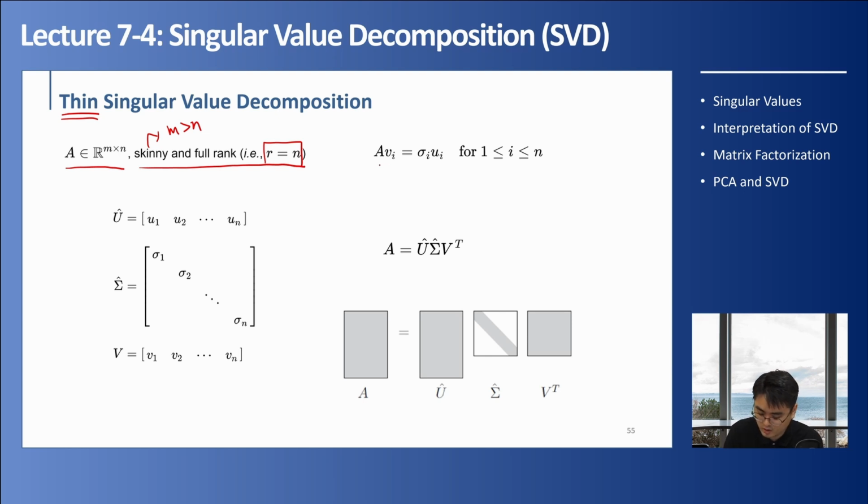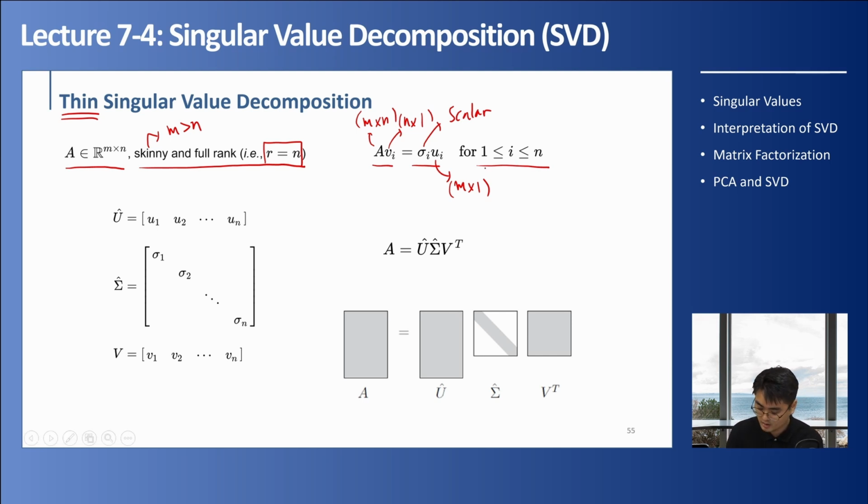Then we know that A vi equals sigma i ui for i from 1 to n. And of course, I'll just write this again, that A is the size of m by n, vi has the size of n by 1, sigma i is a scalar, and ui is a vector with the size of m by 1 for i between 1 and n.